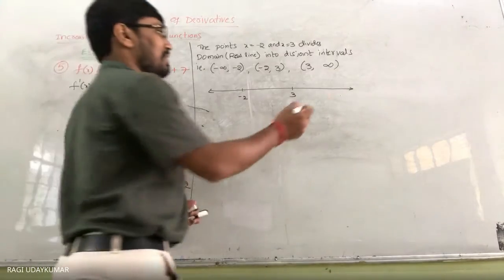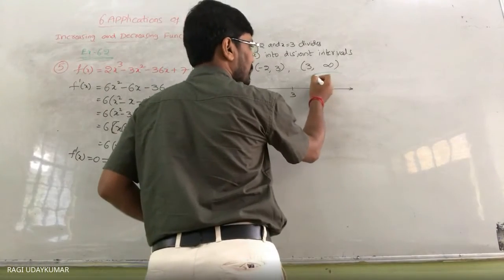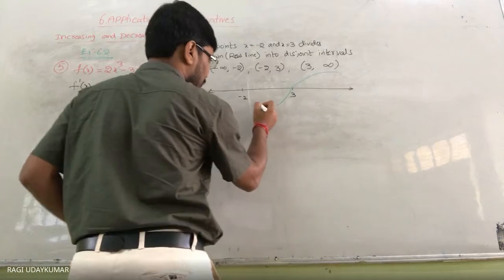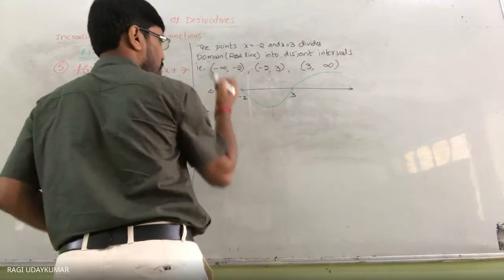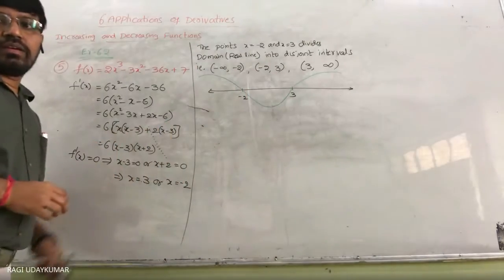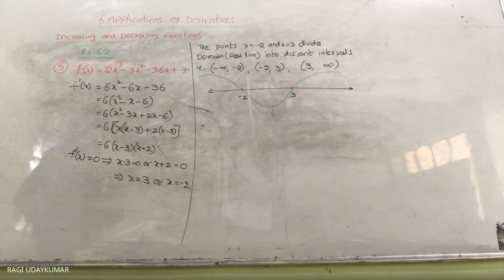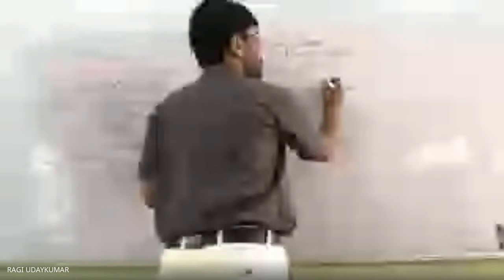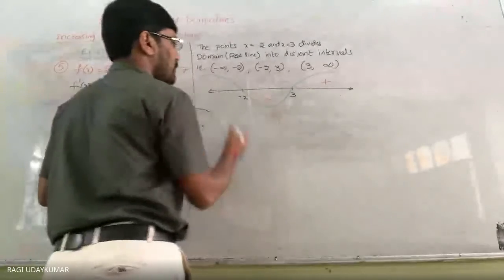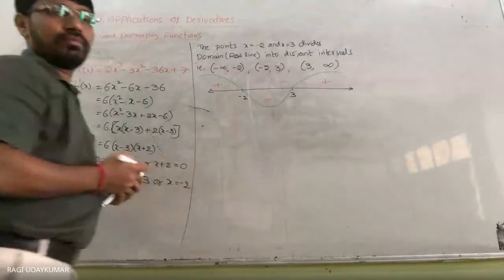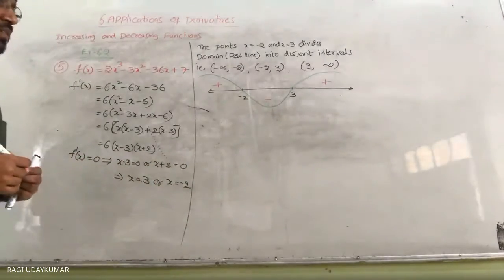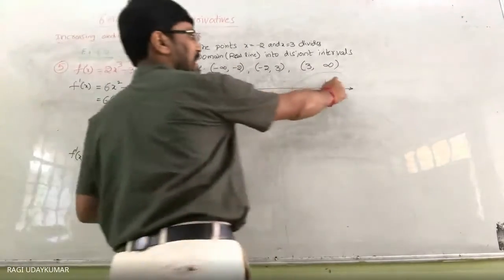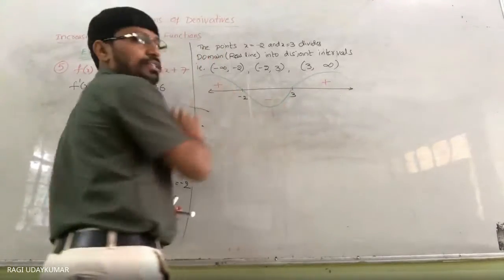So from here onwards, you start drawing the curve like this. In this interval the function is always positive, and here it is negative, here it is positive. So observe that here it is positive, here it is negative, here it is positive.